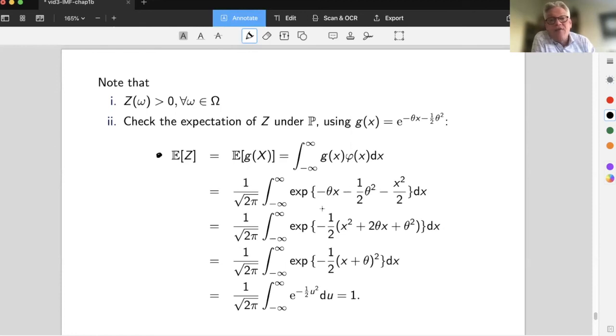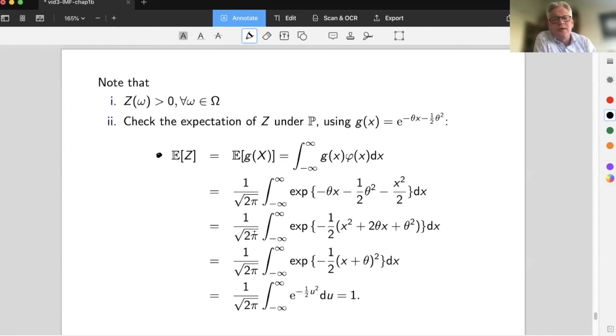We take a half out, and then in brackets, what remains is x squared plus 2 theta x, because we have taken the half out, plus theta squared dx. Luckily for us, this is a square, we can complete the square. Luckily for us, this is x plus theta squared.